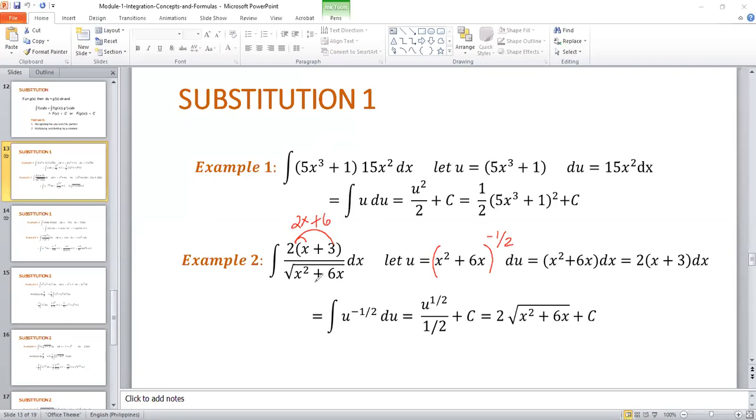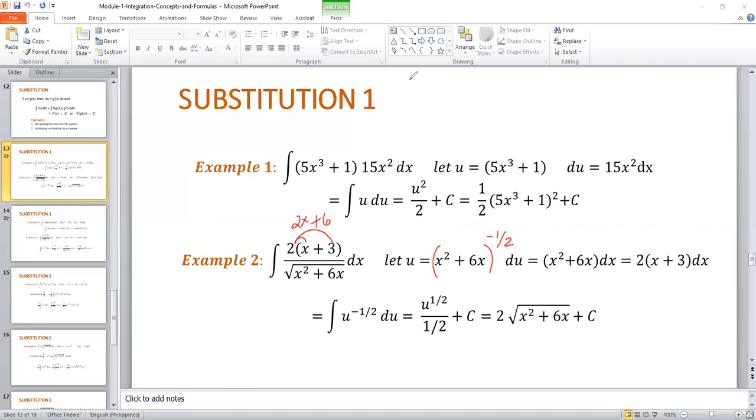So recognizing that when you set this as your u, with n equal to negative 1/2, you have this du here, which is 2 times the quantity x plus 3, equal to 2x plus 6, which is the derivative of your u, allows you to use power rule. When you use power rule here, plus 1 makes it 1/2 over 1/2. Since this is already positive, x squared plus 6x will be placed under the radical sign, and this 1/2 goes up in the numerator, plus c.